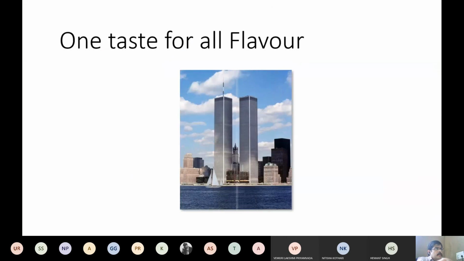We have this one building. Can you tell me which building is this? I'll take another 5-10 minutes, so please hold up for the time being. Anyone?